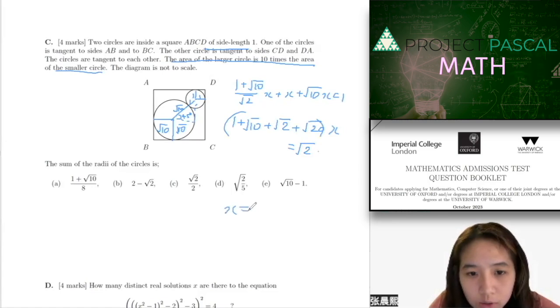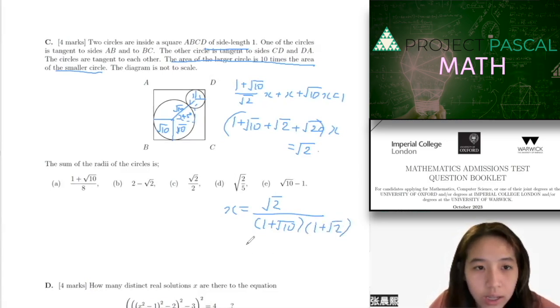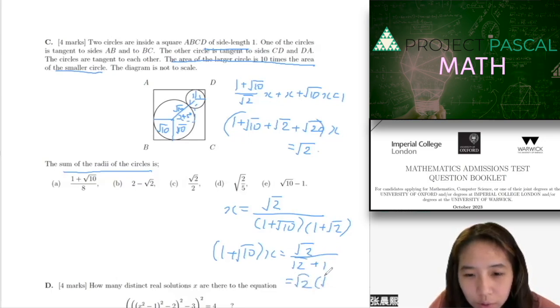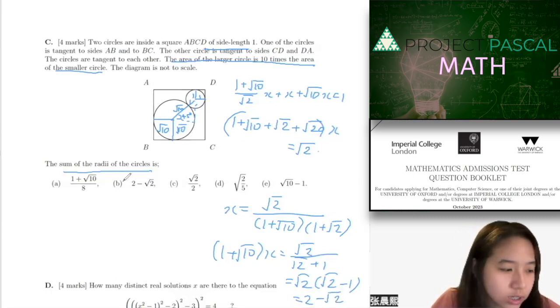So x is equal to root 2 over 1 plus root 10, 1 plus root 2. And then they ask for the sum of the radii of the circles, which is basically 1 plus root 10 times x, equal to root 2 plus 1, which is root 2 minus 1, so that's 2 minus root 2. So the answer is B.